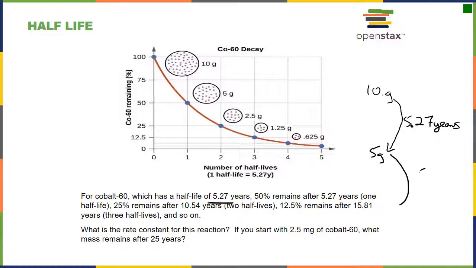If I let it decay for another 5.27 years, our rate doesn't change. It's still going to go down by half. Half of 5 is 2.50, and we'll continue to just do that.